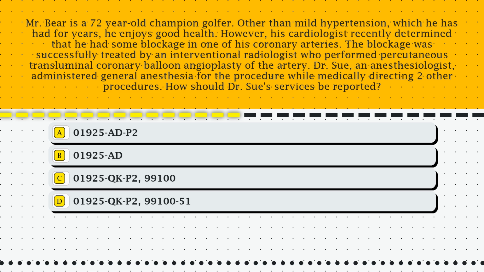Dr. Su, an anesthesiologist, administered general anesthesia for the procedure while medically directing 2 other procedures. How should Dr. Su's services be reported? Option A: 01925 ADP2. Option B: 01925 AD. Option C: 01925 QKP2, 99100. Option D: 01925 QKP2, 99100-51.